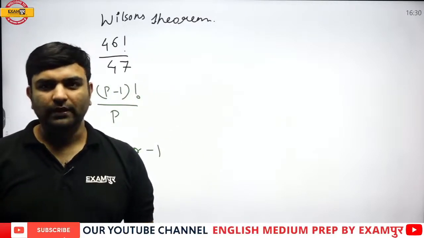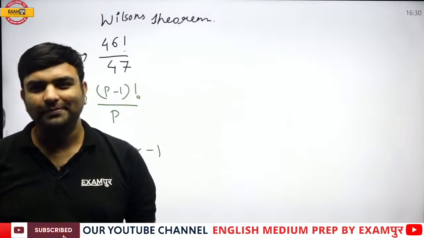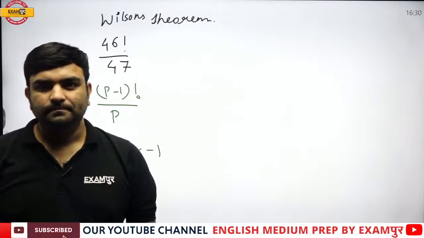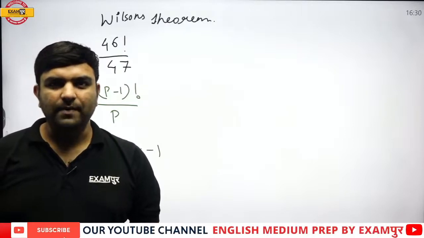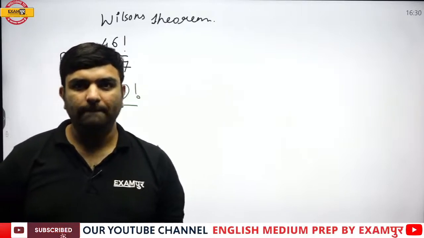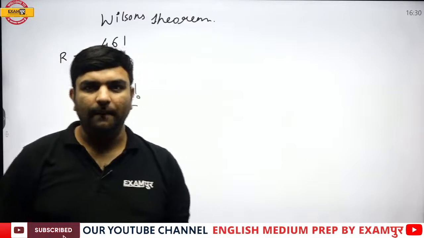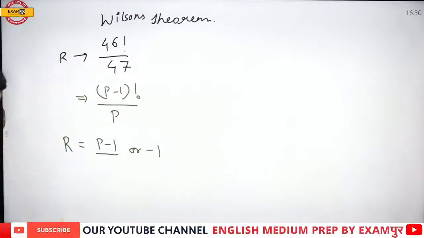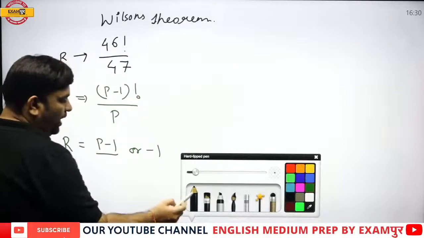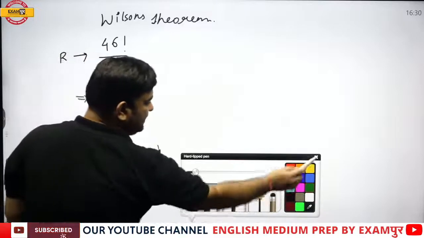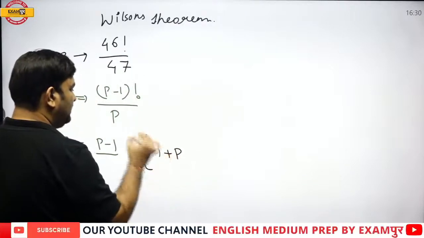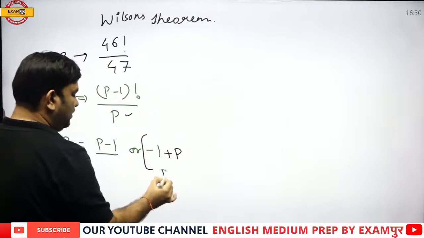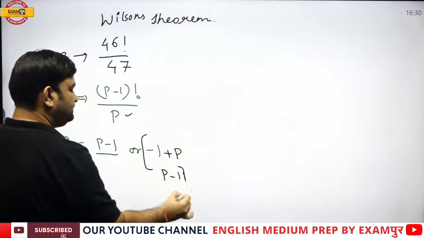The remainder is p minus 1 or minus 1. Why are minus 1 and p minus 1 the same? Because in minus 1 as well, if you add the divisor, it will also become p minus 1.